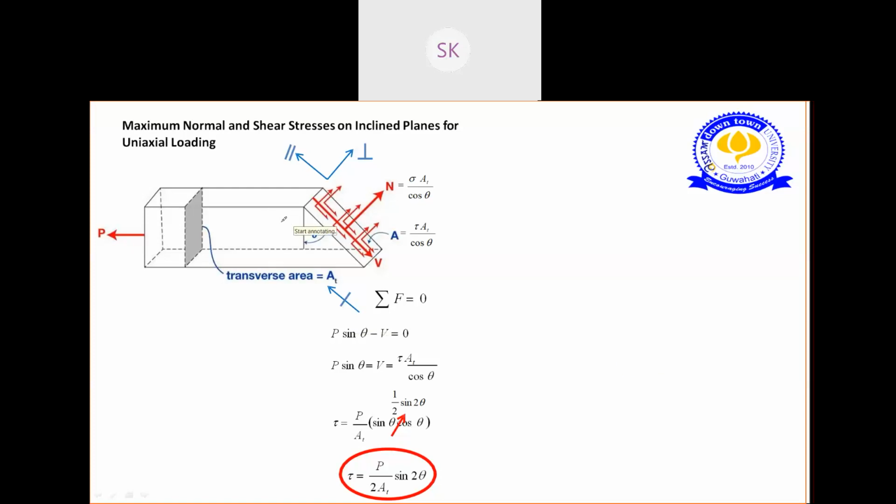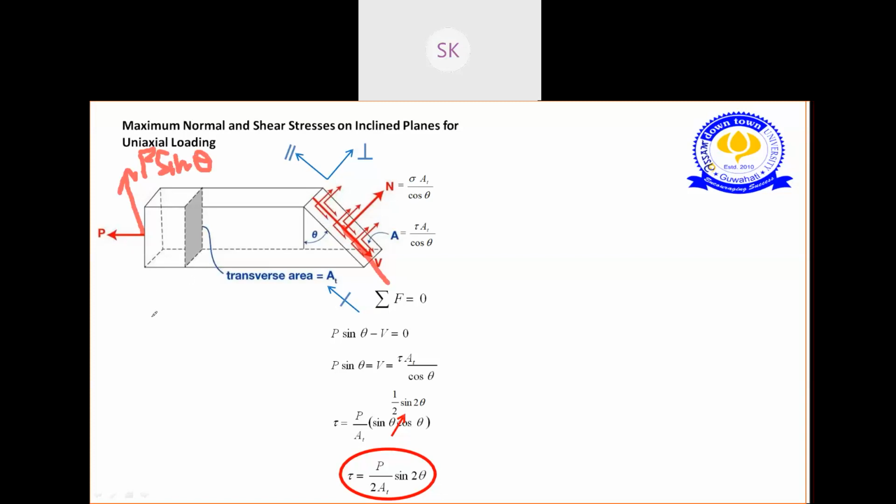So we have resolved the perpendicular forces. Now we'll resolve the parallel forces. This is one parallel force in this direction, V, and I told you there will be another component, which is P sin theta. This is in this direction, this is in this direction.